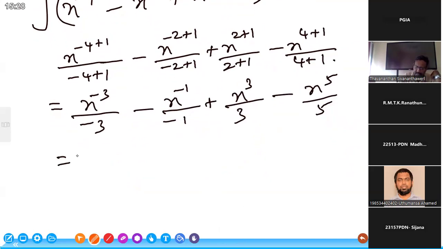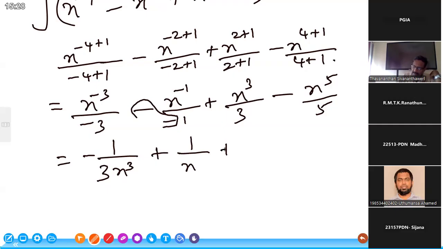So this could be written as minus 1 over 3x to the power 3. This minus becomes plus, so that is 1 over x plus x to the power 3 by 3 minus x to the power 5 by 5. So this is your final answer.